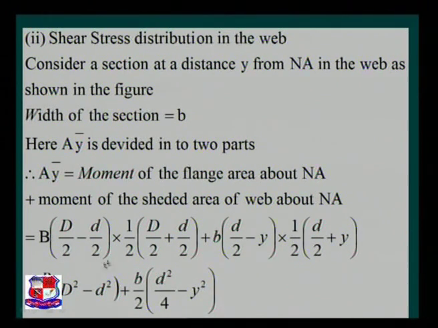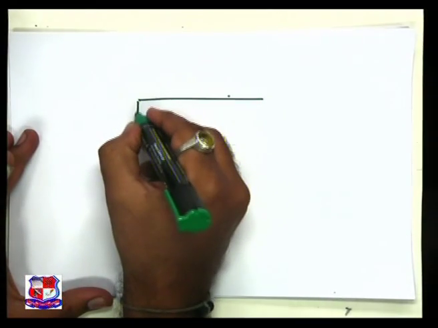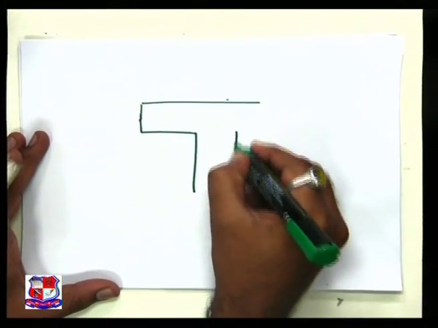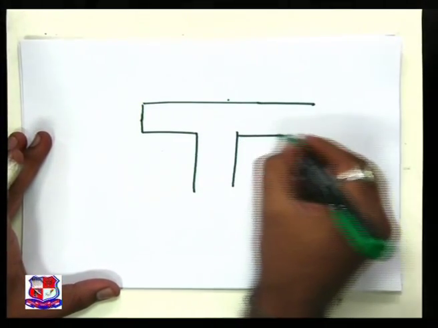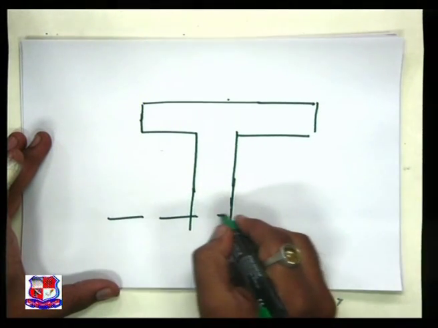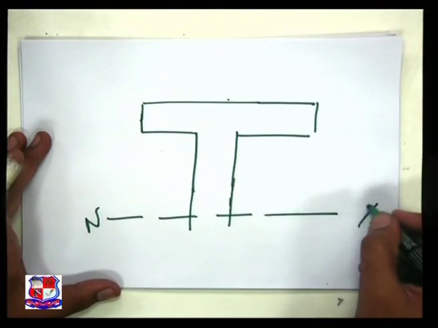How will it be taken? Let us refer to a particular figure on the tabletop. I will draw an enlarged figure for your reference. This is my neutral axis.